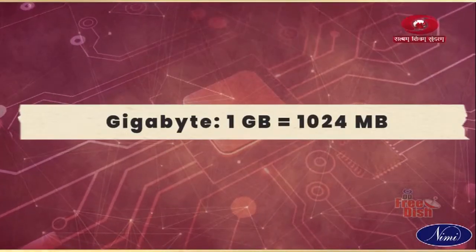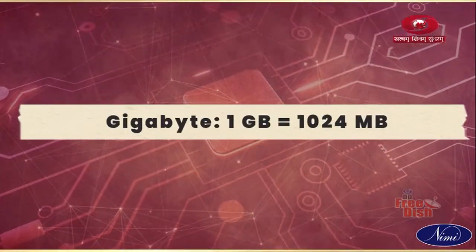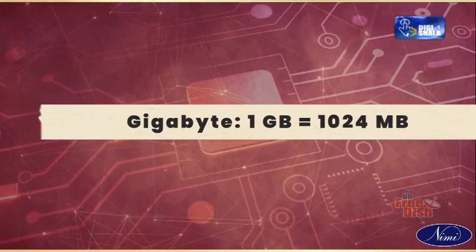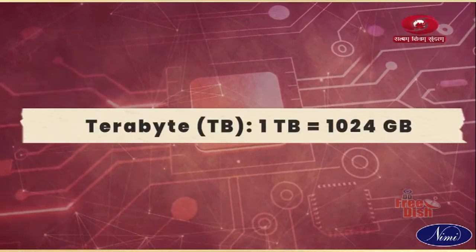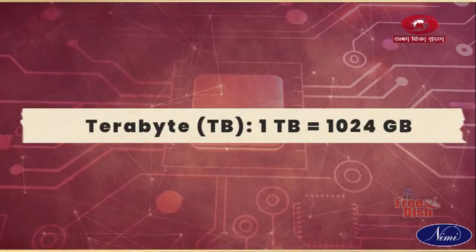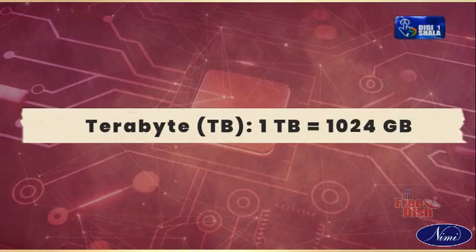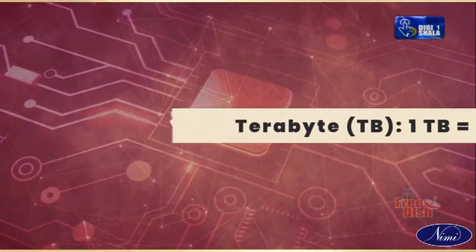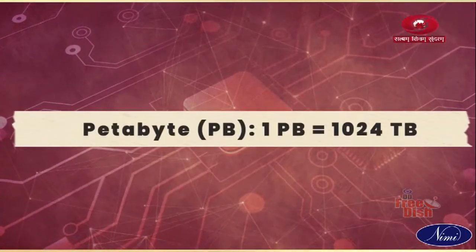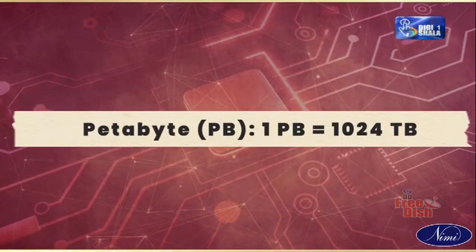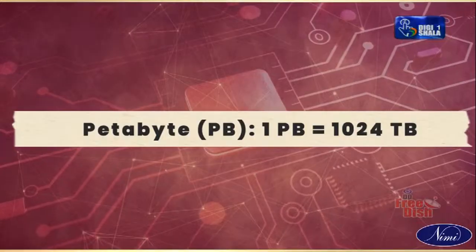Gigabyte. 1 GB is equal to 1024 MB. Terabyte, TB. 1 TB is equal to 1024 GB. Petabyte, PB. 1 PB is equal to 1024 TB.